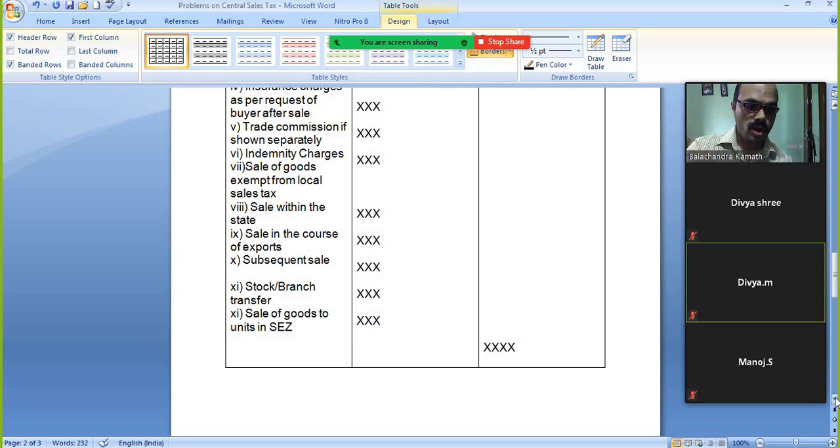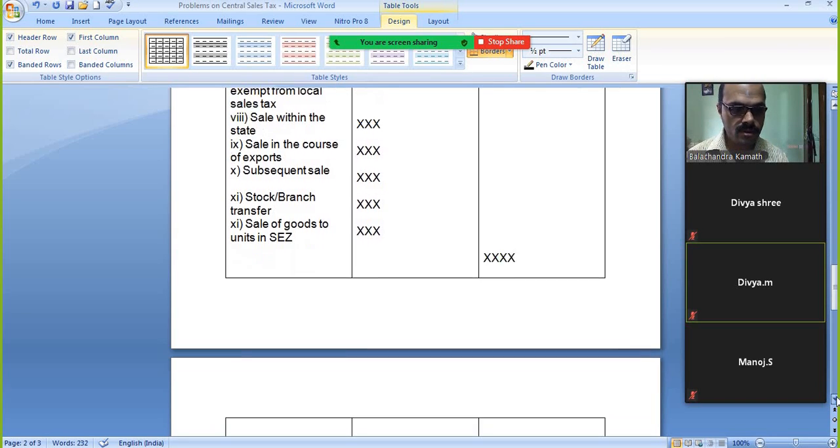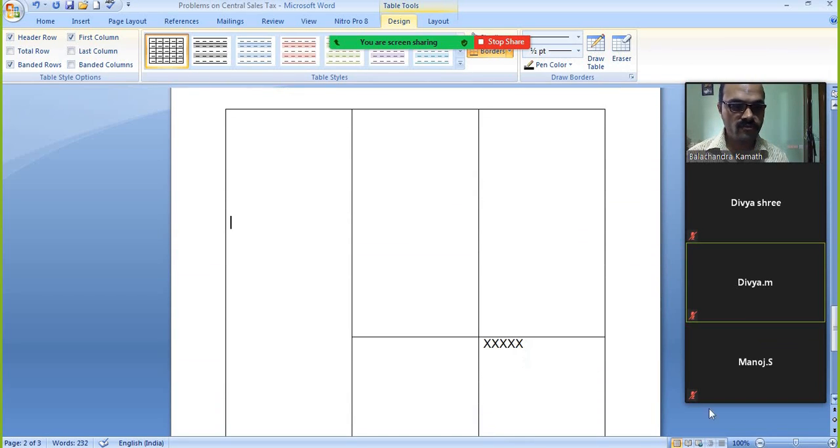So you take all these items, add them, take the total, reduce it, and you will get a figure which is called turnover.